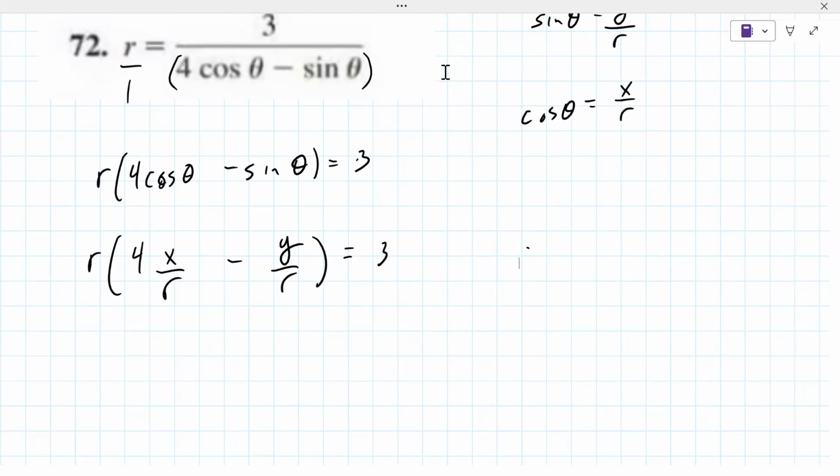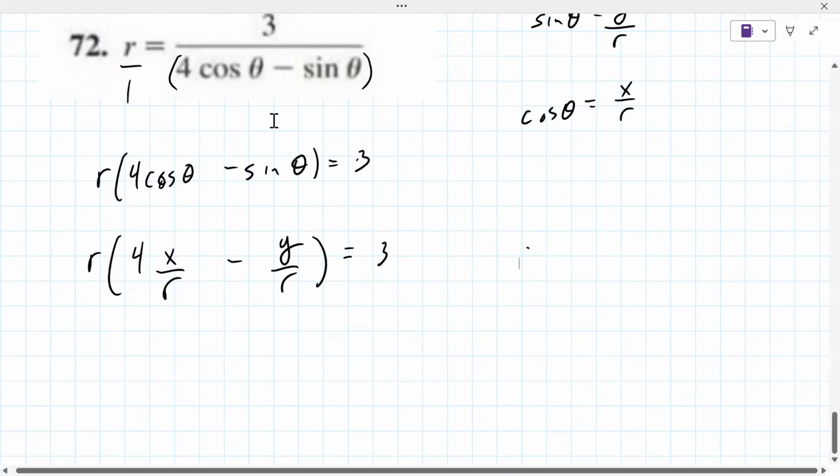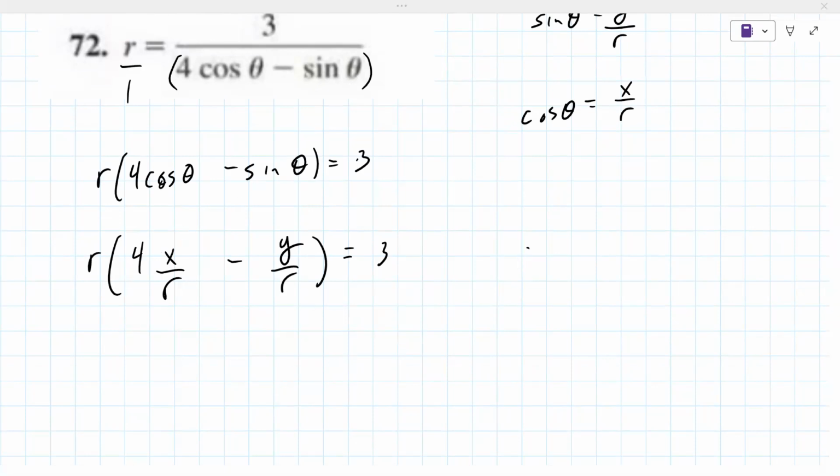Nope. Are you working this out? You just have to cancel out the r's, move the y to the right, or move the other stuff. Divide by minus 1. If you left the y on that side and then multiplied both sides by minus 1, it would be minus 3 plus 4x. Yes, correct. So that would work.